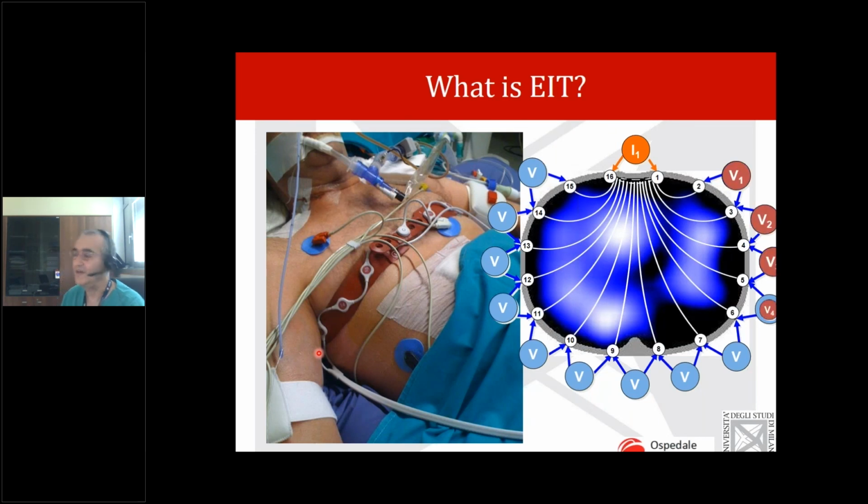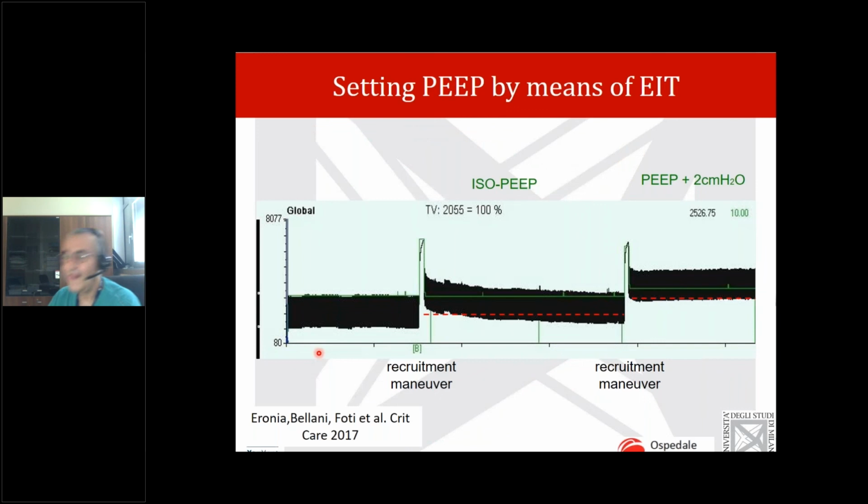The technique, I go quickly, allows us to evaluate changes in impedance, so distribution of ventilation and the inflation of the lung. And this is the way that we use it in our clinical practice. That is very similar to the approach that I showed you with the SpO2. But instead of using the SpO2, we use the end expiratory lung volume measured by EIT.